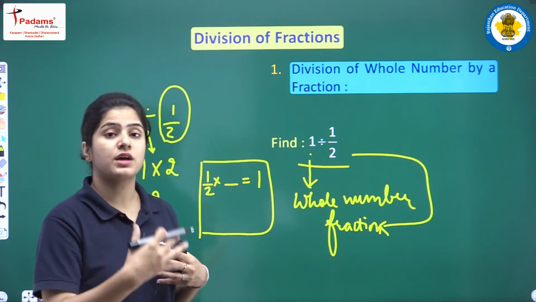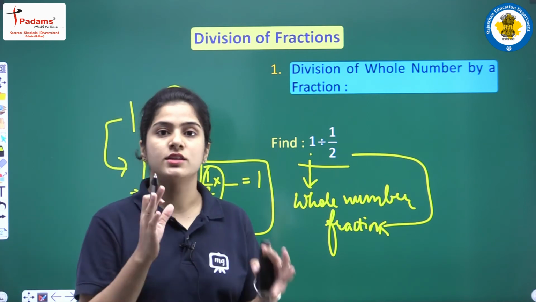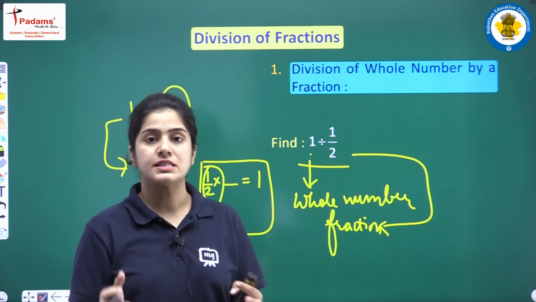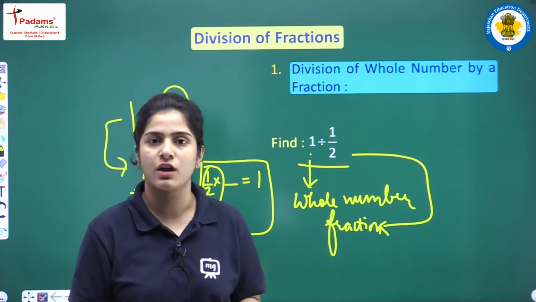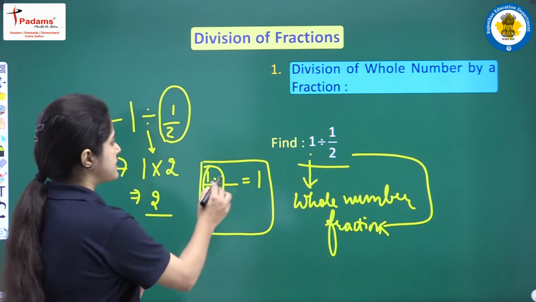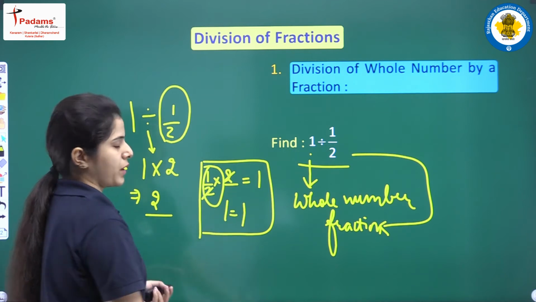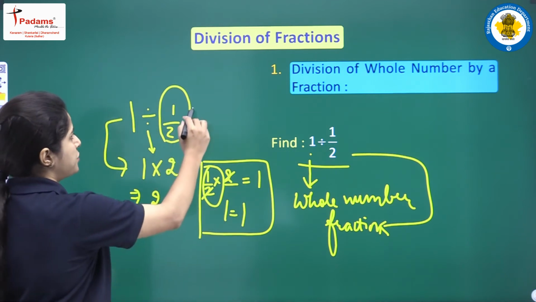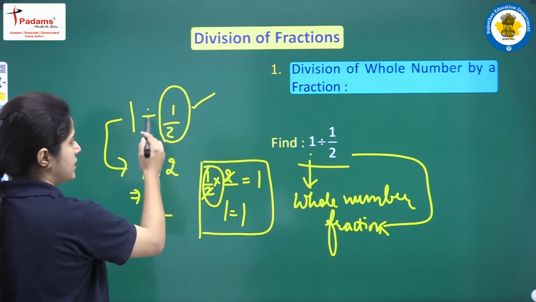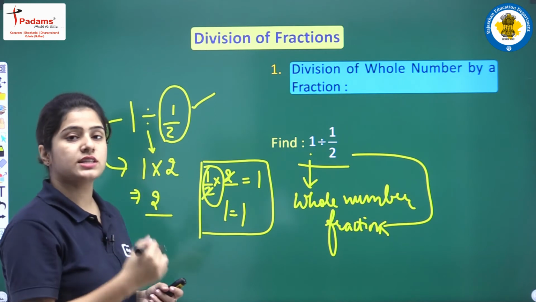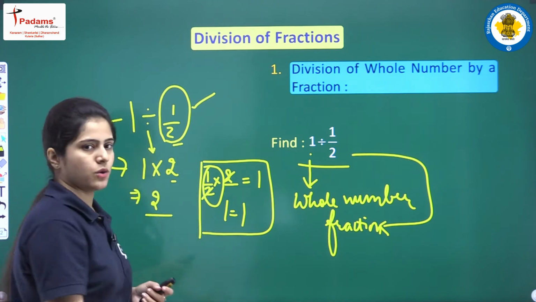The number whose product with it is 1 is its reciprocal. So, two non-zero numbers which, when multiplied together, give 1 are reciprocals of each other, alright students. So, I will multiply 2 with half so that the answer is 1. So, if I have to divide a whole number by a fraction, I will convert the division sign to the multiplication sign, take the reciprocal, and then find the answer, alright students.